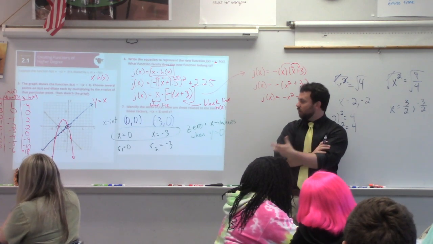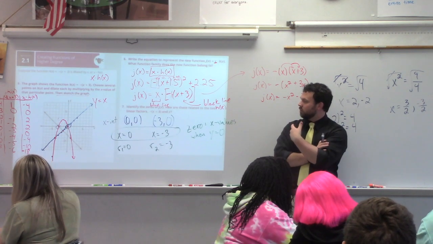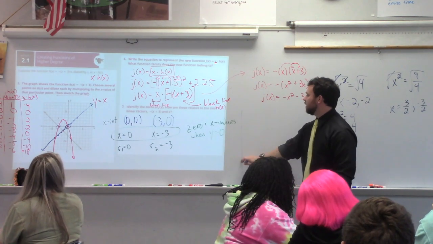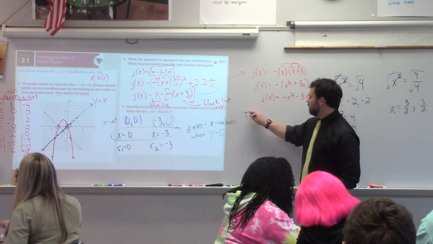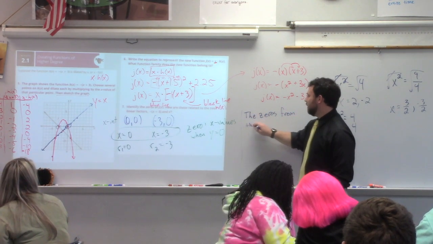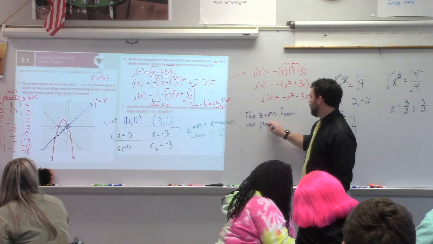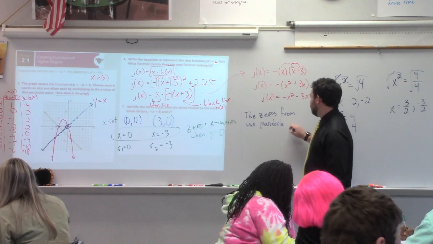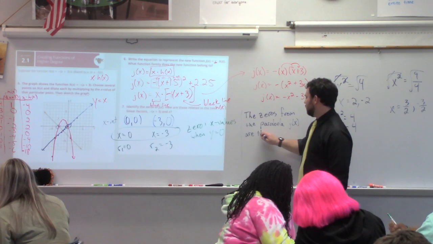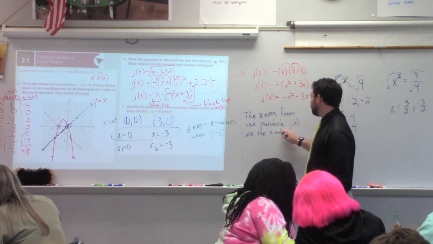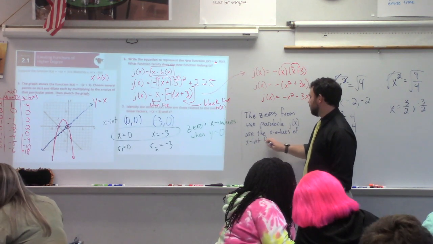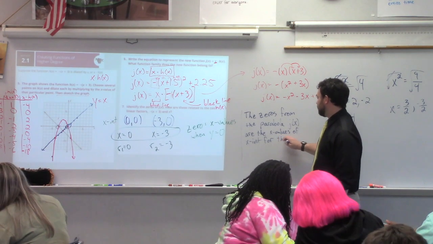What are those called? It's in the problem or the question. Linear. There we go, thank you. That's what I'm looking for. Linear factors. So we'd want to note the zeros from the parabola j of x are really the x values of the x-intercepts for the linear factors.